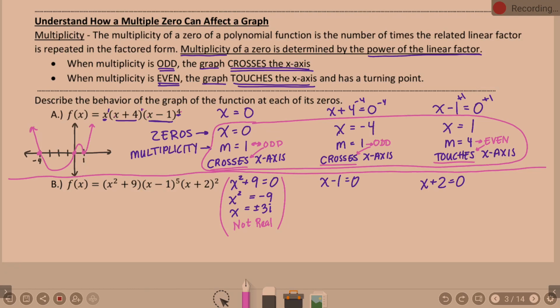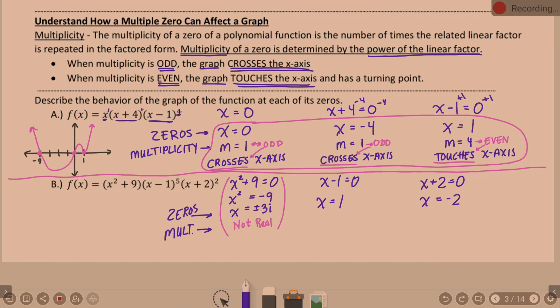Okay? Now, did you finish the other two? If x minus 1 equals 0, x equals 1. If x plus 2 equals 0, x equals negative 2. Yes? So those are your zeros. And I'm still going to set this up here. We also need to find our multiplicities.